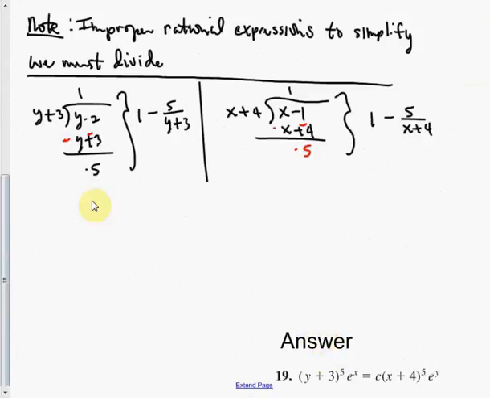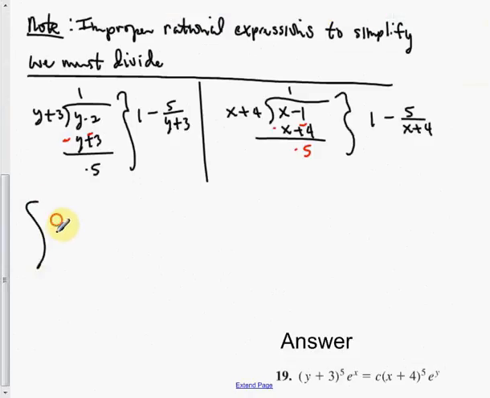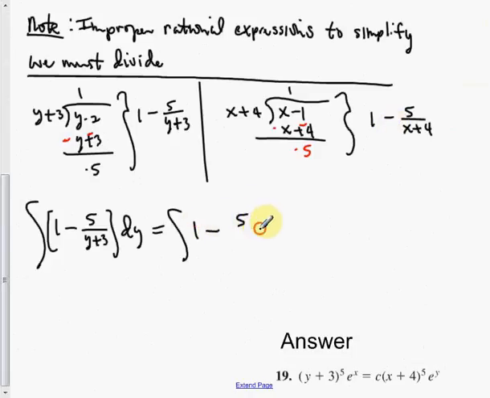Okay. So I have the left side is the integral of 1 minus 5 over y plus 3 dy. That's equal to the integral here of 1 minus 5 over x plus 4 dx.